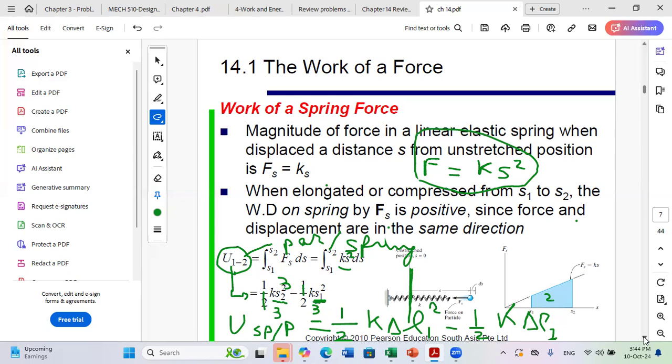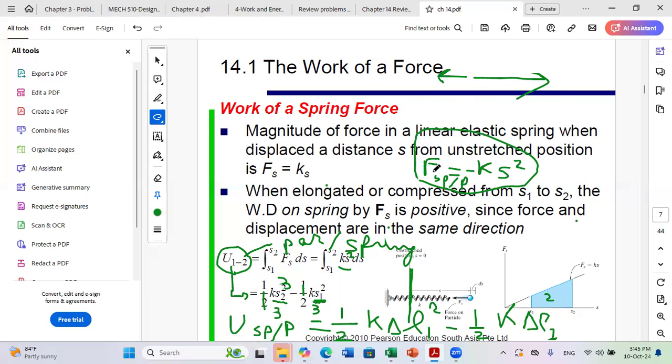And then if you want to find the work done on the particle, you will say that the force of the spring on the particle is minus KS squared, because when you stretch your spring, it will do on you a force in the opposite direction.